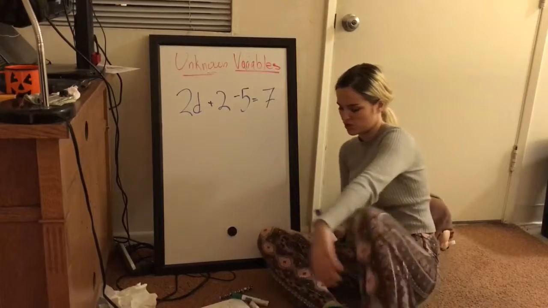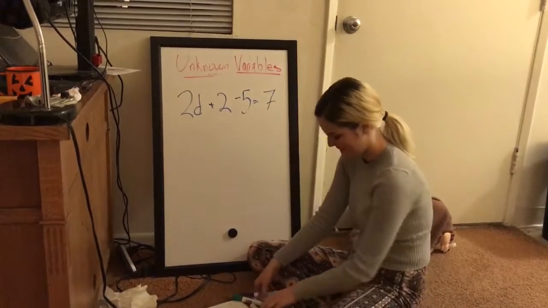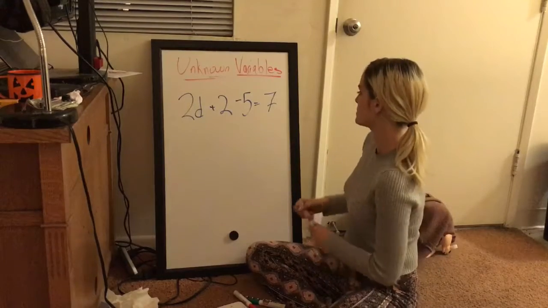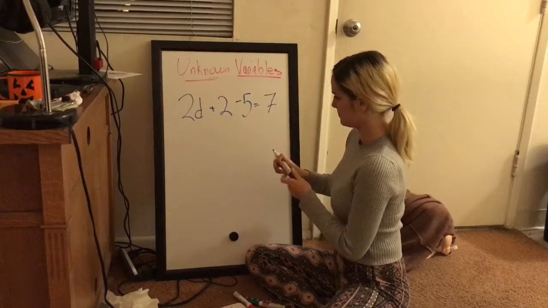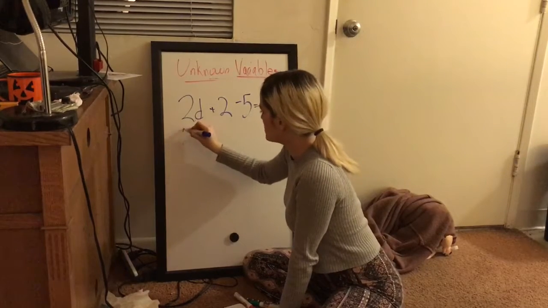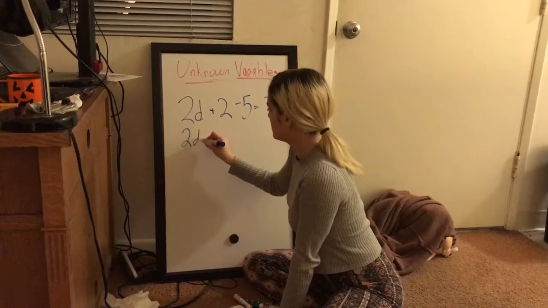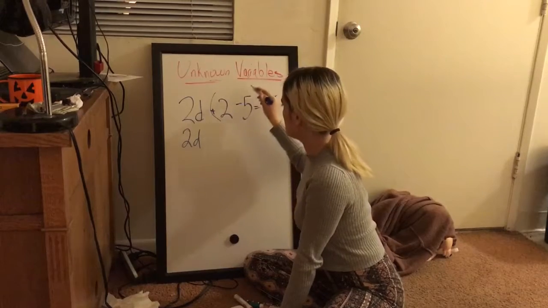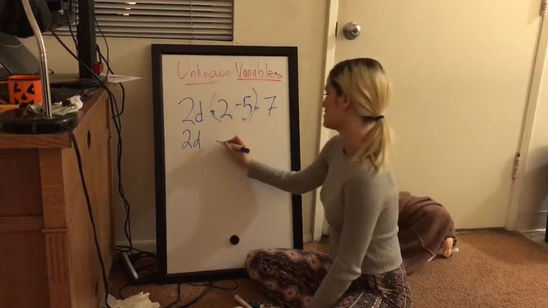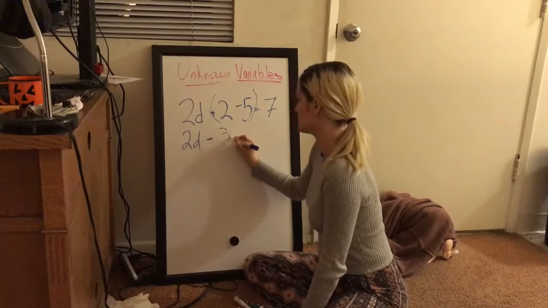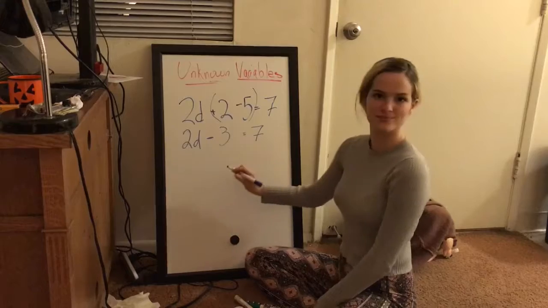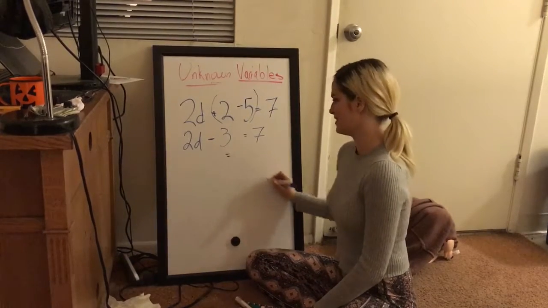Which one do you think we should start with to get rid of? Well, what we would do, let's move this by itself. And let's just focus on this area. Positive 2 minus 5. I get a 3. So, we can just write it like that. Next step. Move that.